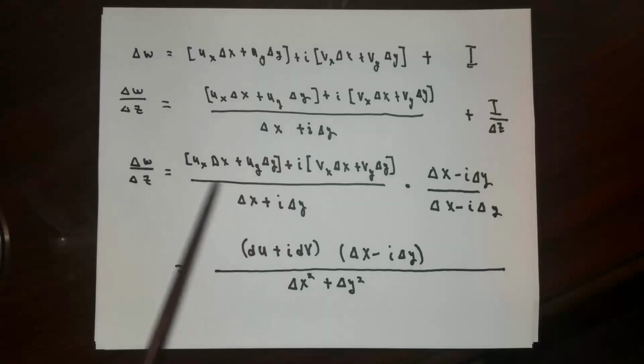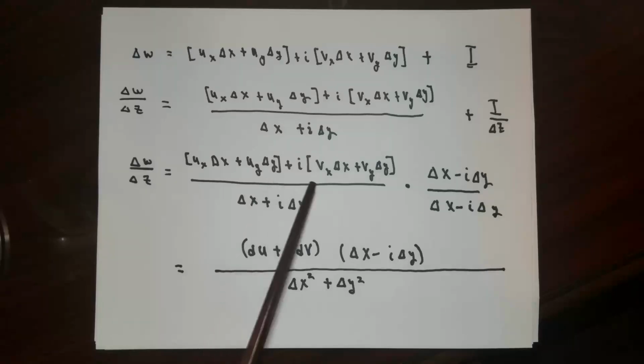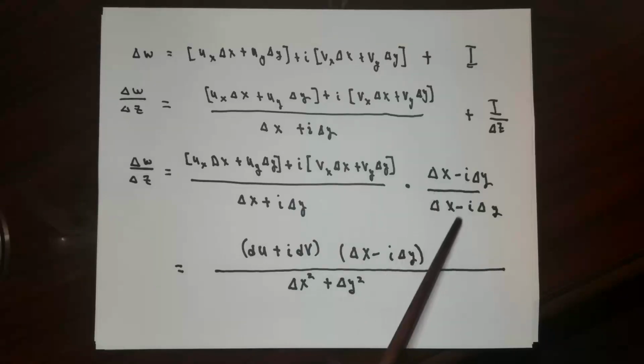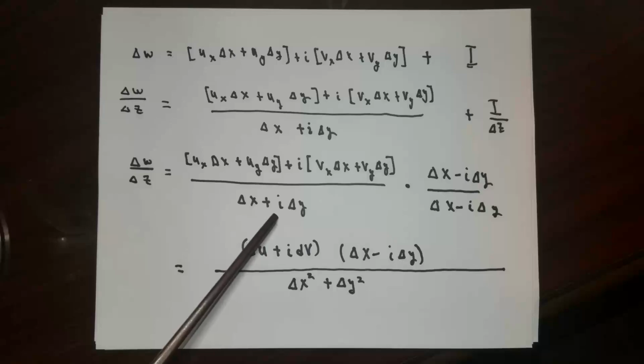This quantity is what you called du back in multivariable calculus, and this is dv. In order to get something that I can work with in a more convenient way, I'm going to do the division by delta x plus I delta y by multiplying the top and bottom by the complex conjugate of delta x plus I delta y.